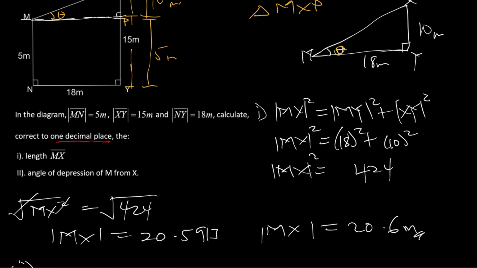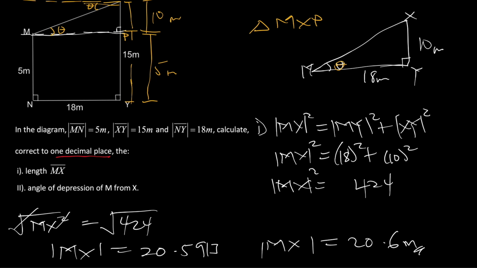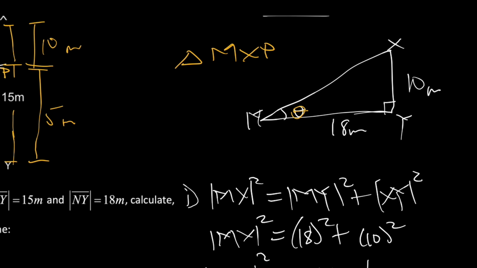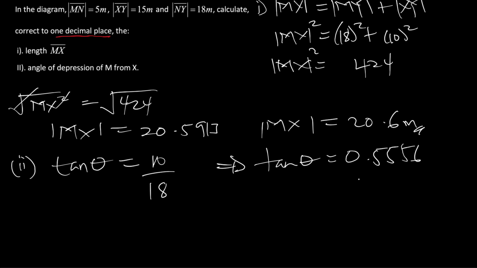Now we can use tan. So we know that tan theta will be equal to opposite over adjacent. So 10 is opposite and then 18 is adjacent. So our tan theta will be 10 over 18, and this should give us 0.5556.